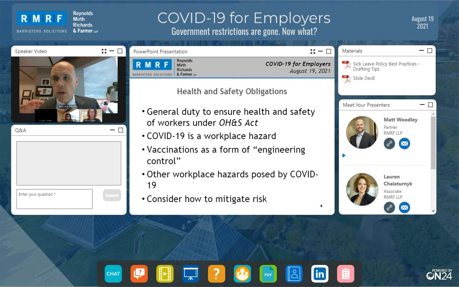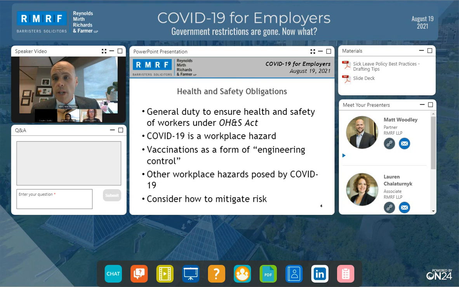So these are ways in which the employer can control the risks or the hazard at the source. And very interestingly, from an employer's perspective, they identify vaccinations as an engineering control. So it's sort of the gold standard, an engineering control which would eliminate the risk at its source, and vaccinations is an important one to keep in mind.